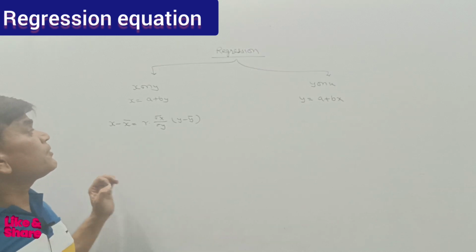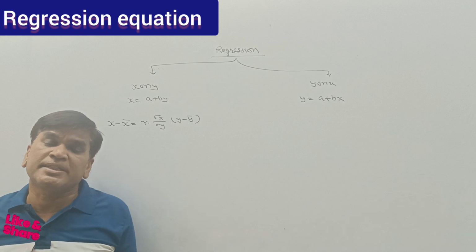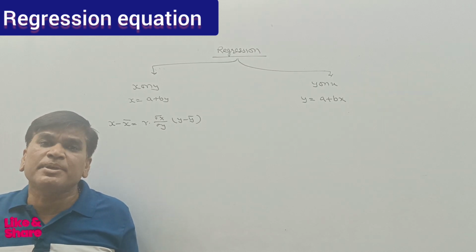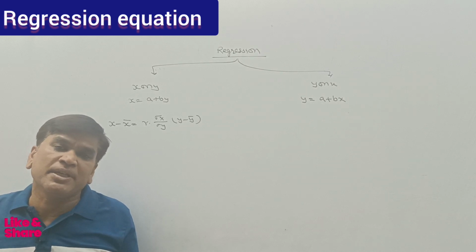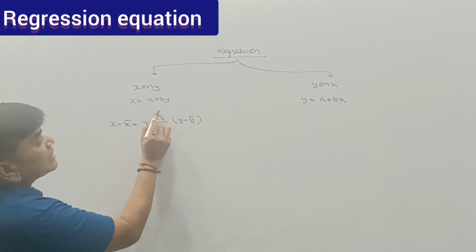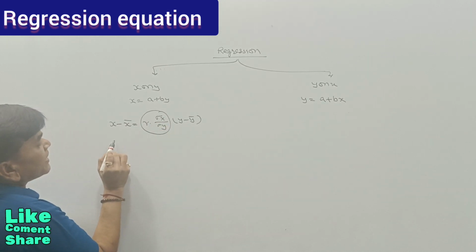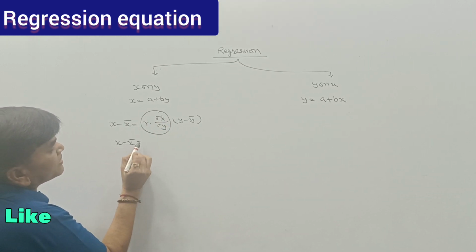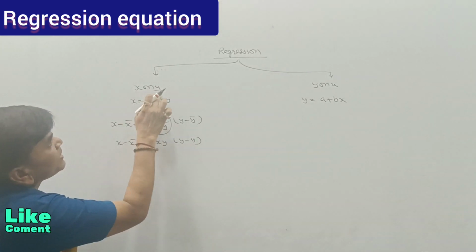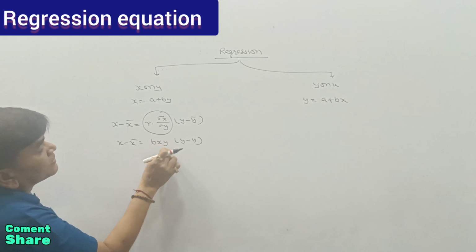All these values we can write as x minus x bar equals bxy times y minus y bar. Here x on y is there, so bxy is there.